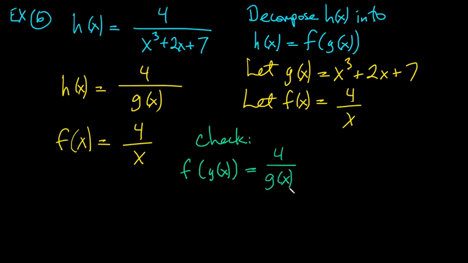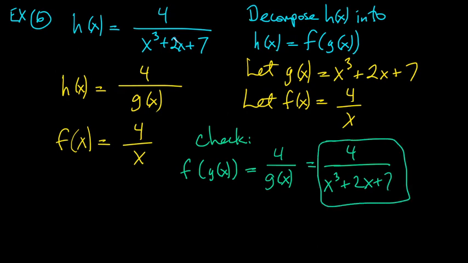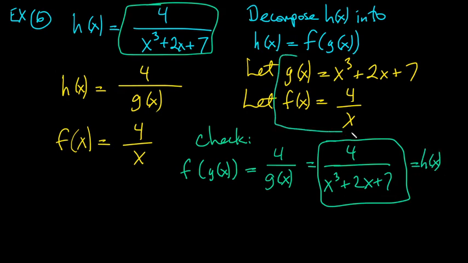But now we're taking 4 divided by g of x, and of course g of x is x cubed plus 2x plus 7. And we have the original function. That's our h of x. So this combination of f and g works. Like I said, there's probably more than one way to do it, but this is the way that makes the most sense in my mind.